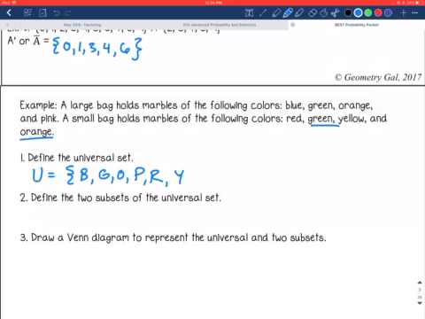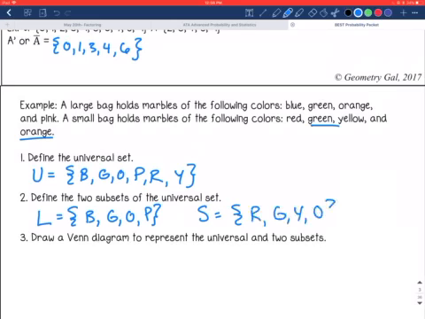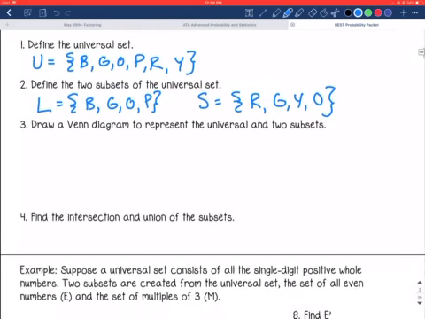We need yellow. And we already have orange, so we don't write green and orange again. Then define the 2 subsets of this universal set. For the large bag, we have blue, green, orange, and pink. And for the small bag, we have red, green, yellow, and orange.